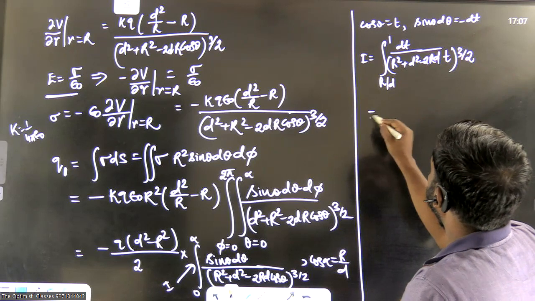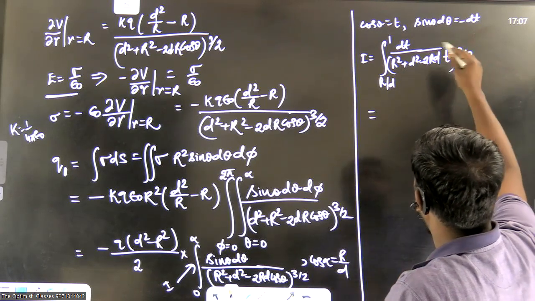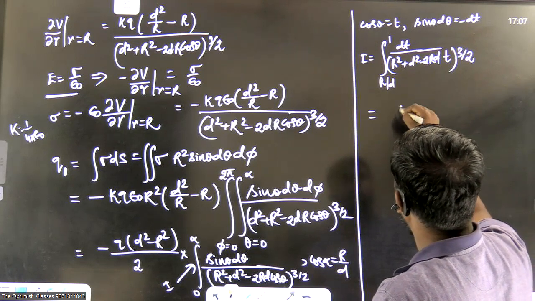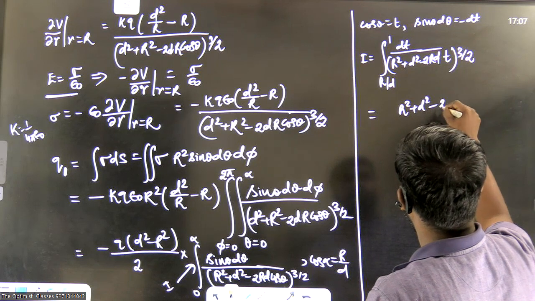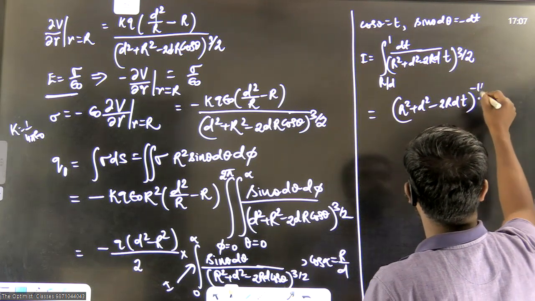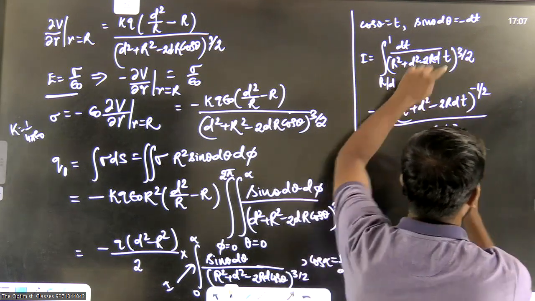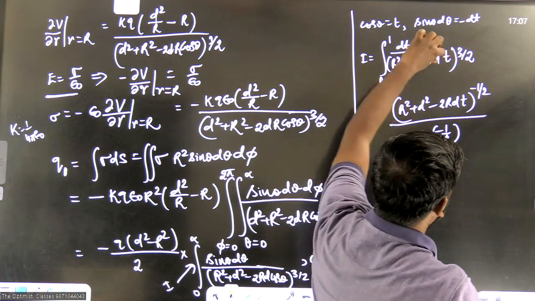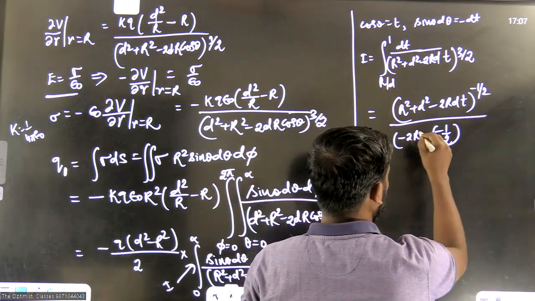All right. Now this integration is simple. We'll get r square plus d square minus 2rd t whole power minus 1 by 2, divided by minus 1 by 2. And since the coefficient of t is minus 2rd, we'll have to divide by minus 2rd.